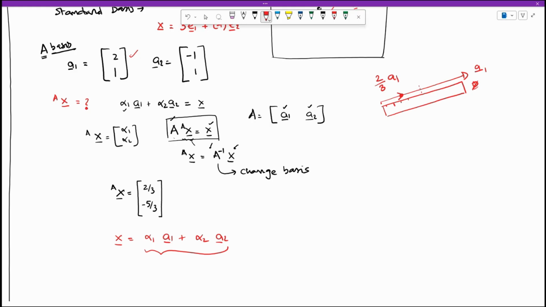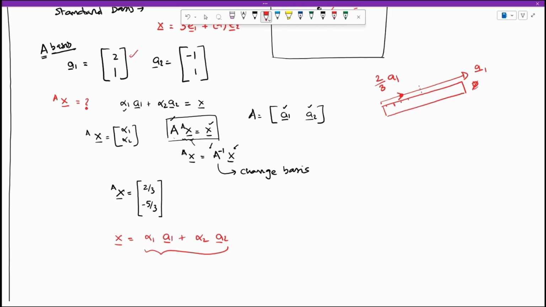When you do that, what vector do you end up with on the graph paper? You done?